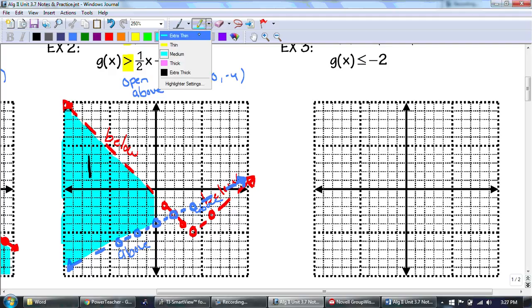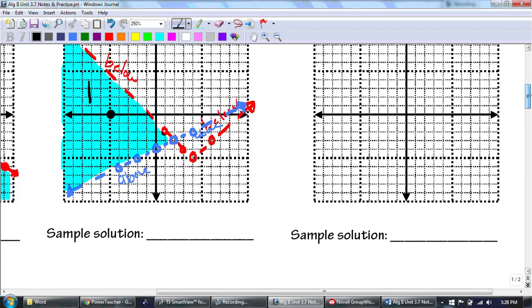All right, so anything that's in this portion of the graph is a solution. So there you go. There's my point. Something easy. That is the point -5, 0.